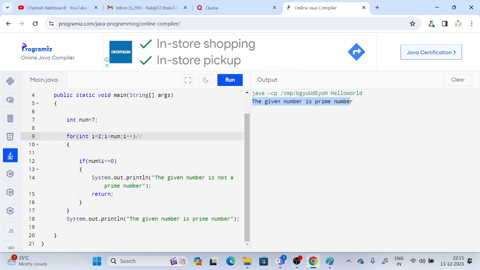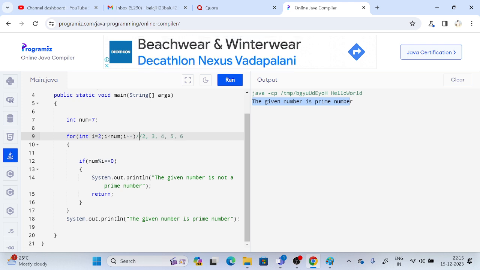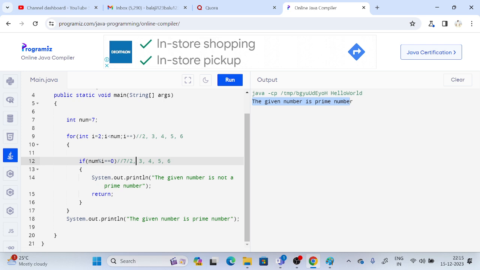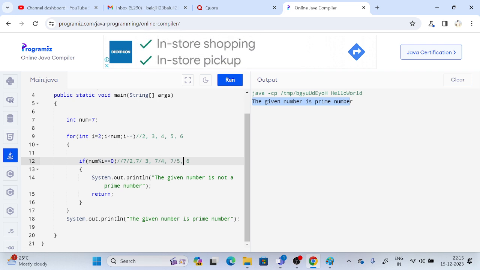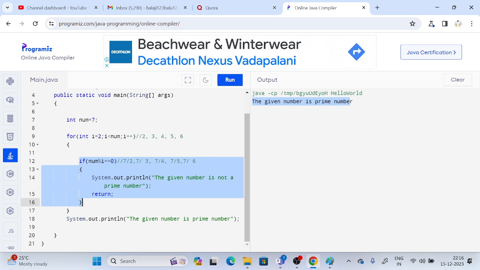To divide 7 by these numbers 2, 3, 4, 5, 6, every number is going to give false. 7 by 2 is false, 7 by 3 is going to be false, 7 by 4 is going to be false, 7 by 5 is going to be false, 7 by 6 is going to be false. Right? This if condition will never get executed. So the control comes here directly.